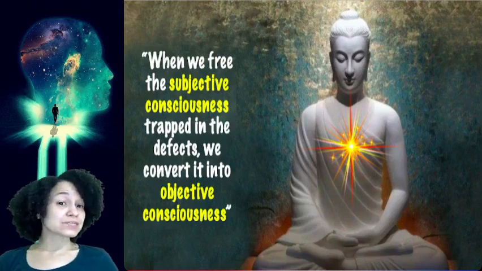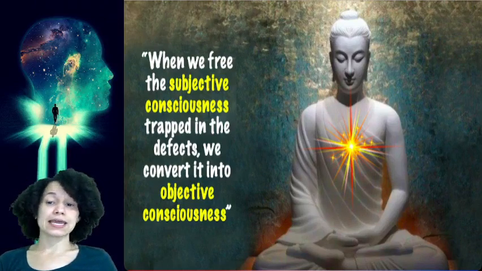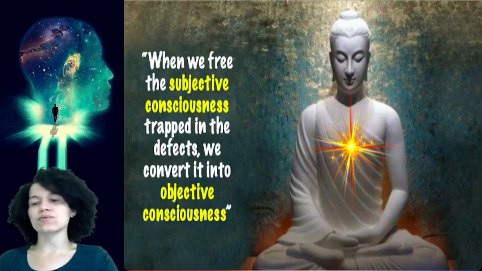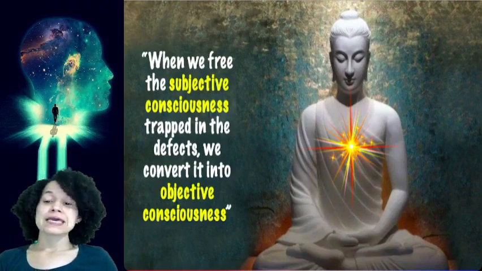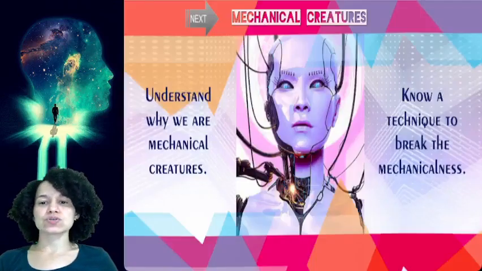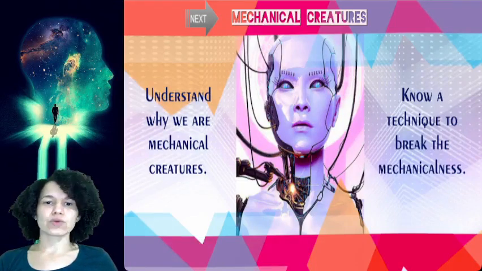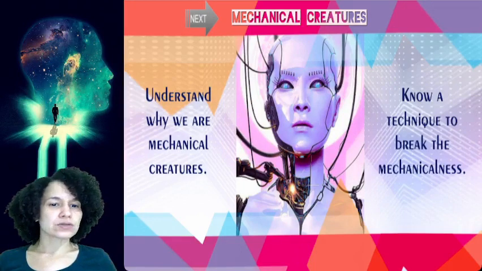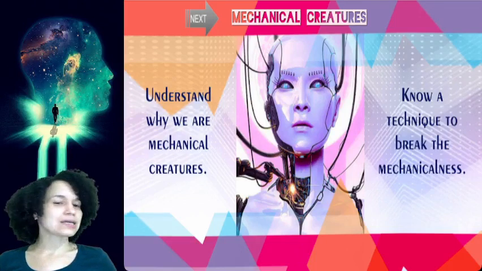And well, this has been today's topic. And as I was saying, if at any point you have any question, remember to leave your questions there. And I want to invite you to our next lecture that we are going to be sharing next Friday, in which we are going to be talking about our mechanicality.